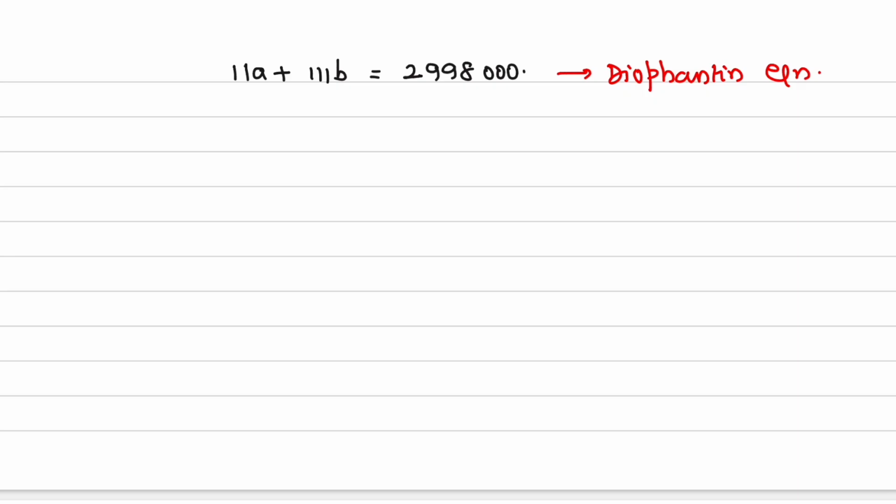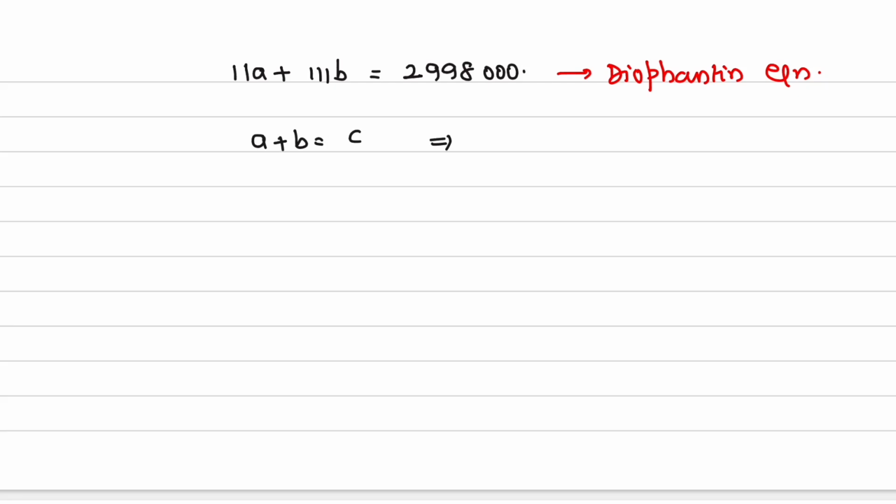Let us say 11a plus 111b is equal to some c. Or rather, we can say a plus b is equal to some c.